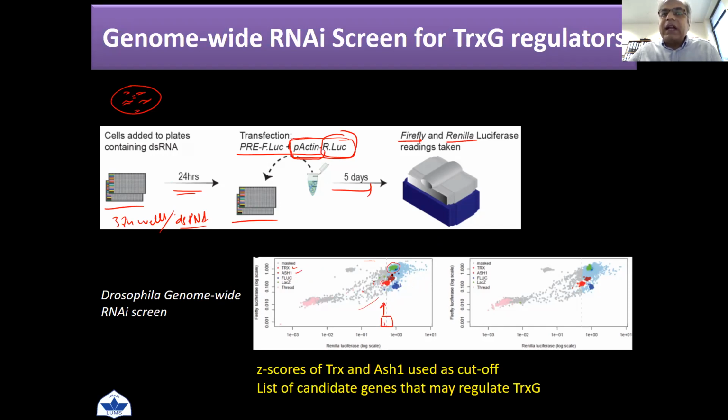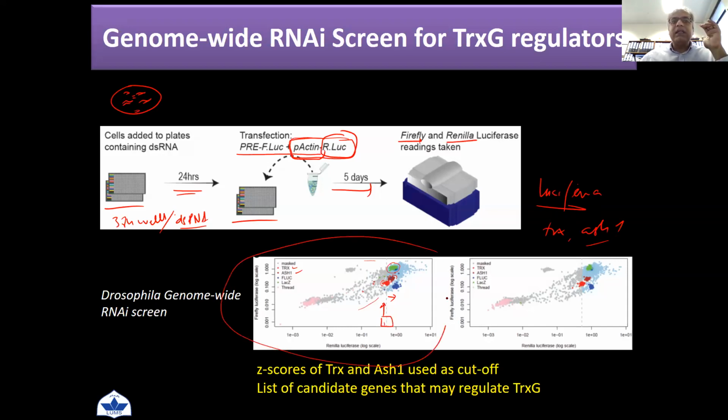Trithorax is this red one and Ash1 is this one. Anything beyond this cutoff line, which means anything that impacted luciferase activity like trithorax or Ash1, we considered a potential trithorax group candidate. The experiment was done in duplicates.